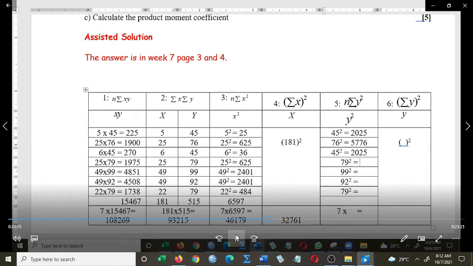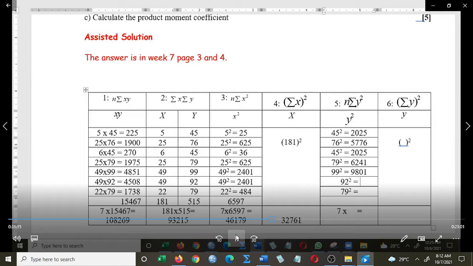What was 79 squared? 6241. What was 99 squared? 9,801.